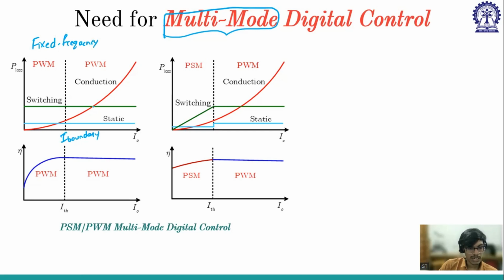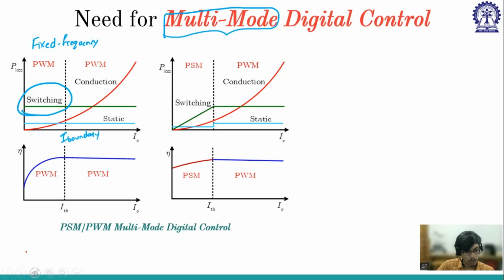After some time, the conduction losses will cross the switching losses, and below that, at light load, switching losses are dominant. So if I want to reduce the losses at light load, the only thing I could do is incorporate those control techniques which will reduce my switching frequency at light load.